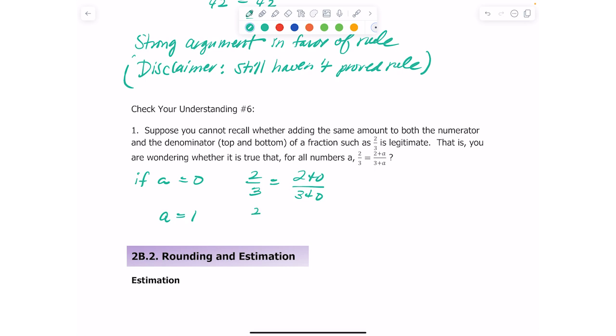Does it still work? 2 plus 1 over 3 plus 1, does that equal 2/3? Well, 2 plus 1 is 3, and 3 plus 1 is 4, and I can't reduce 3/4, and it most certainly doesn't equal 2/3. So therefore, it's not true that for all numbers A, 2 over 3 equals 2 plus A over 3 plus A. So that's a no.